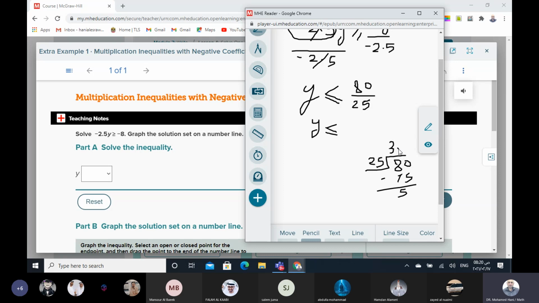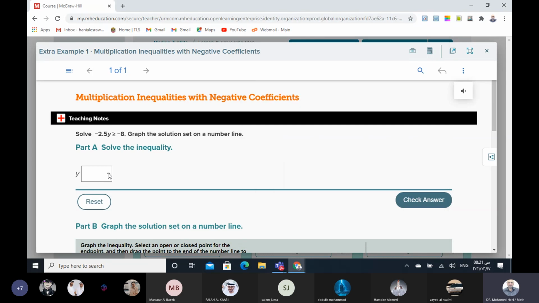Put here a point and put here 0. 50 divided by 25 will be 2. 2 times 25 will be 50. So the answer will be 3.2. So y less than or equal to 3.2.